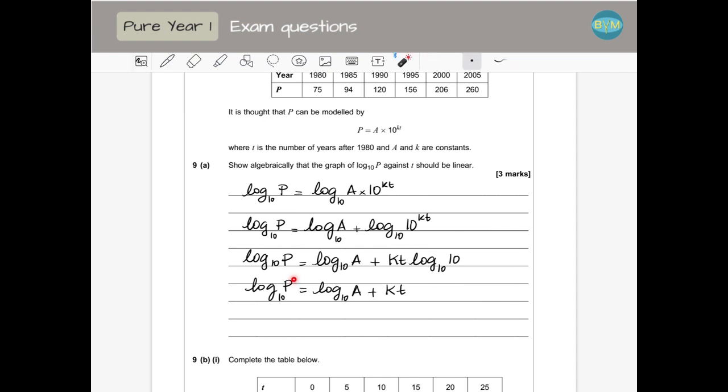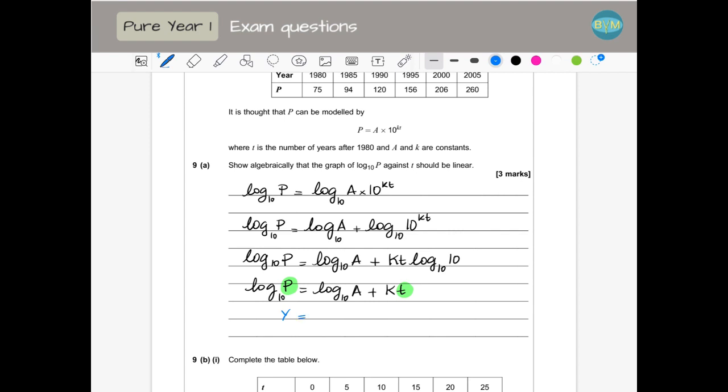I think it helps to identify what is a variable, because when you have so many letters, it's difficult to remember which ones are the variables. So this is a variable and this is a variable. And I have to prove that log P against T is a line. So log P is acting as my Y in my line.